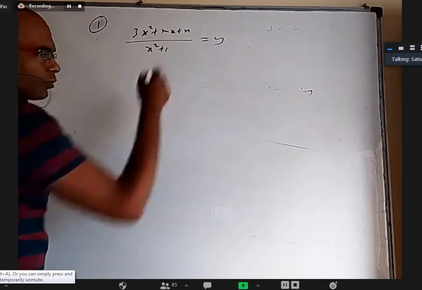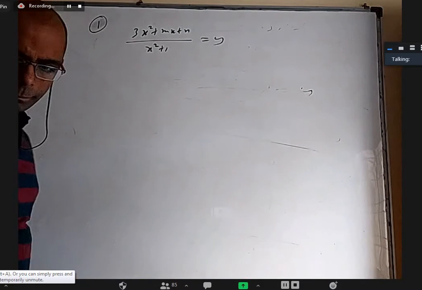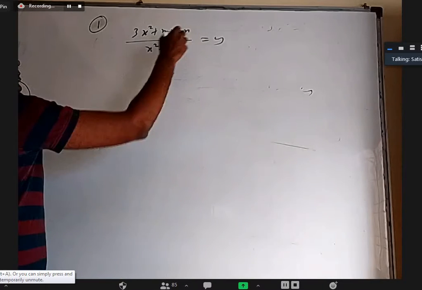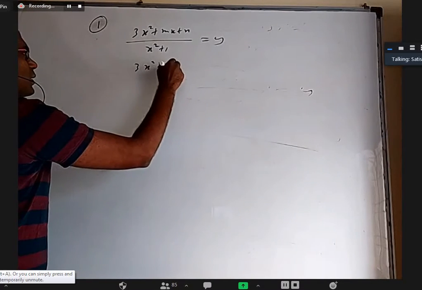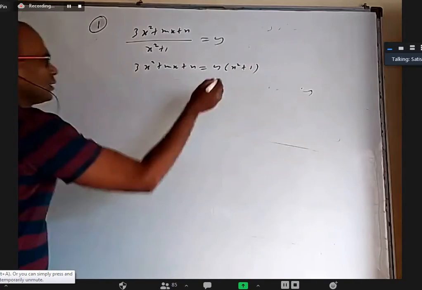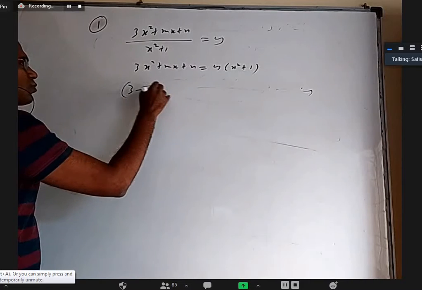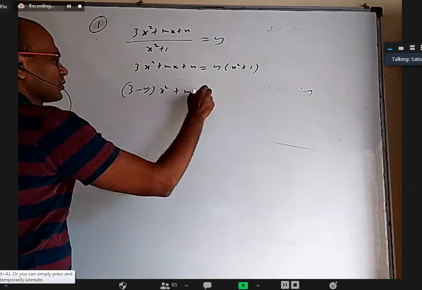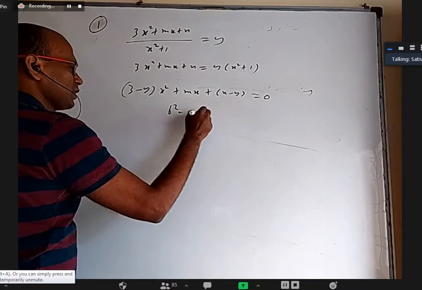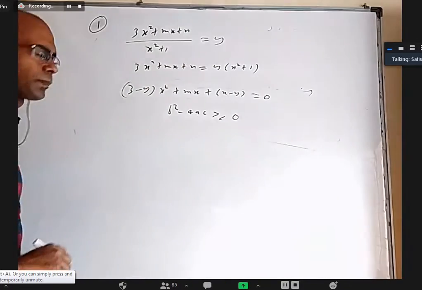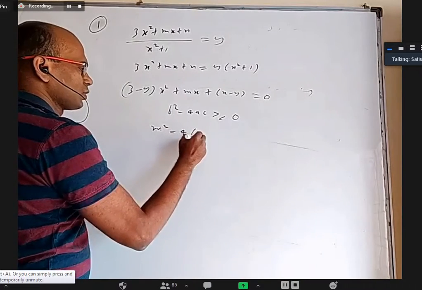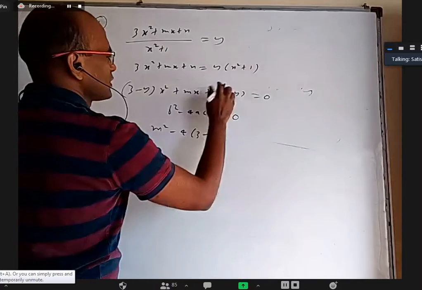Let us take it equal to y and do cross multiplication, you'll get 3x square plus mx plus n equal to y into x square plus 1. And you bring it to one side, you'll get 3 minus y into x square plus mx plus n minus y equal to 0. For this, b square minus 4ac should be greater than or equal to 0. That is m square minus 4 into 3 minus y, and what is this? n.